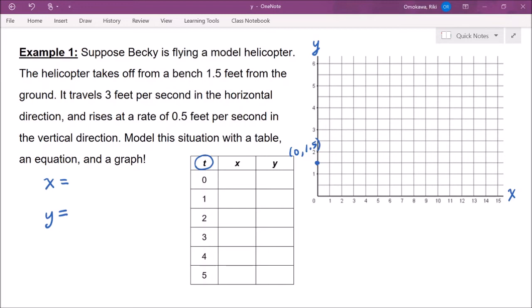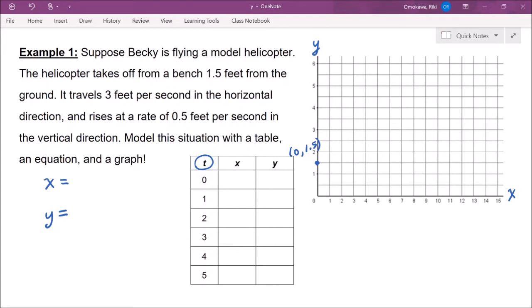And now, if you read the problem, notice that both the horizontal and vertical movement are linear. It's constant rate of change because it says the helicopter travels 3 feet per second in the horizontal direction and then rises at a rate of 0.5 feet per second in the vertical direction. So actually, let's start with vertical first.